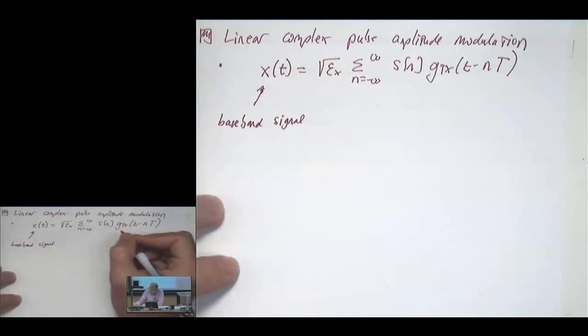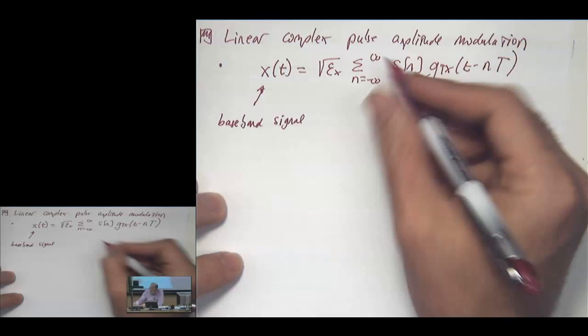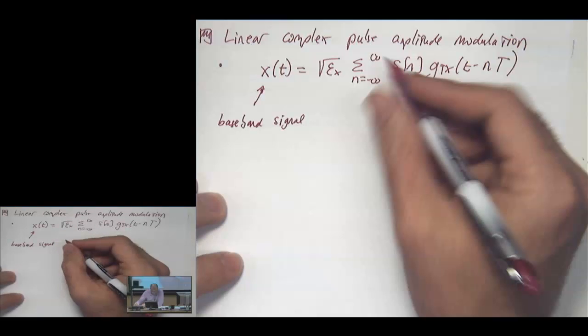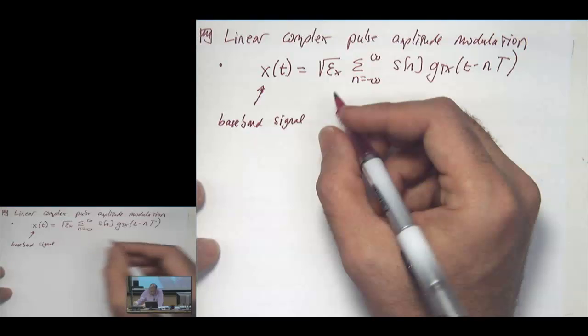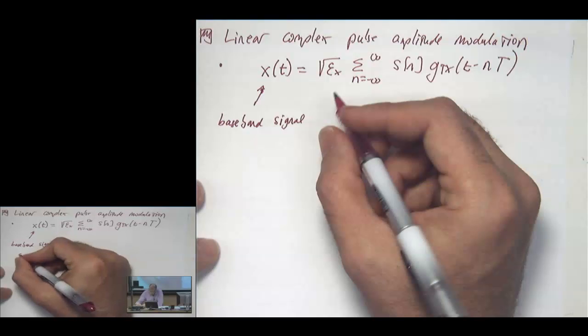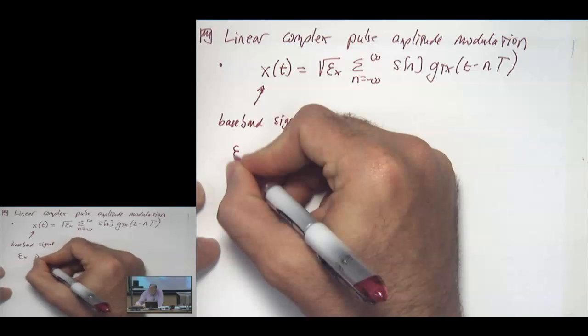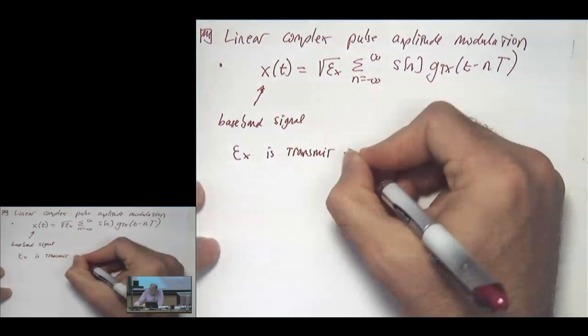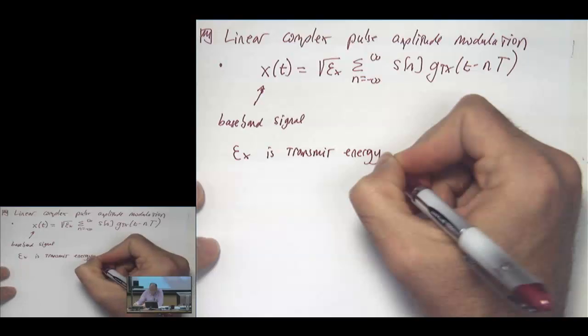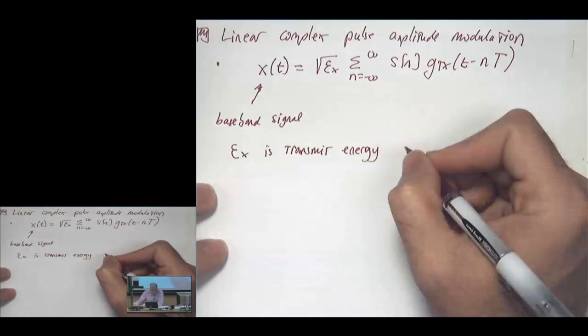And then the way that we draw this out, let me define the different quantities first here. E_x is the transmit energy. I'll explain more how that relates to the power, hopefully at the end of the lecture.